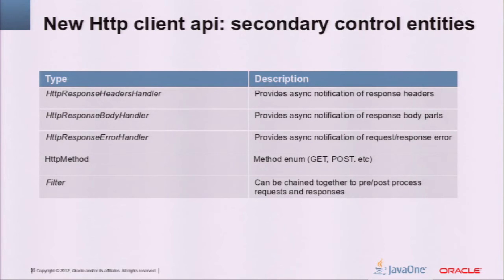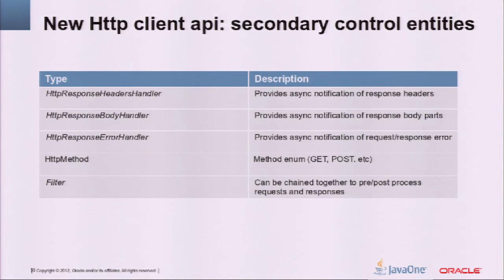Then some of the secondary objects that assist these main objects in the API, the handler objects. These are callback objects that come into play if you're using any of the asynchronous modes of the API. If you want to be notified when the response headers arrive from the server, rather than waiting on a blocking call, then you would use a response headers handler.